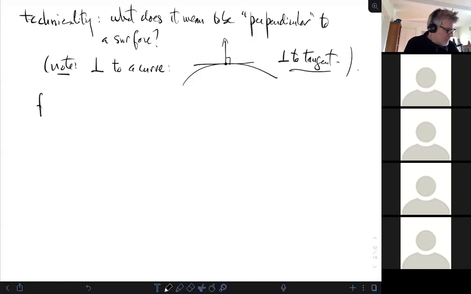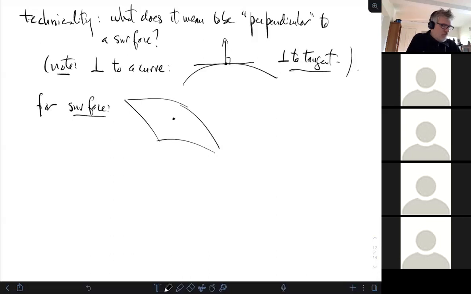So for 3 dimensions, what you do is this. And it's a nice trick. I have a surface, I have a point, and I'd like to define what it means to be perpendicular to the surface at this point. So take any curve that passes through this point like this.